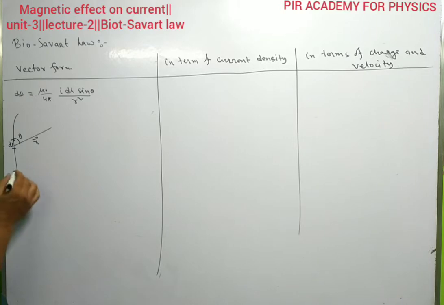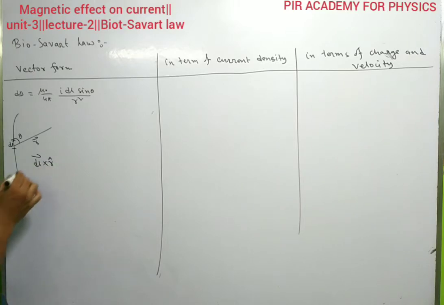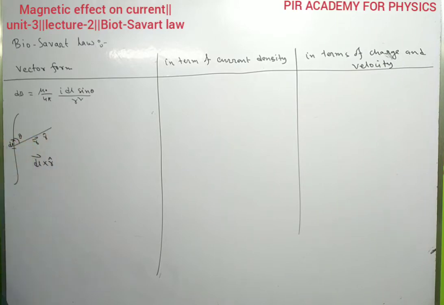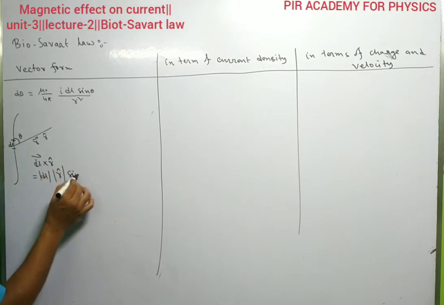If I take dl cross r unit vector, that means the unit vector along the direction of r, then it will be the magnitude of dl, times the magnitude of the unit vector, times sine theta.